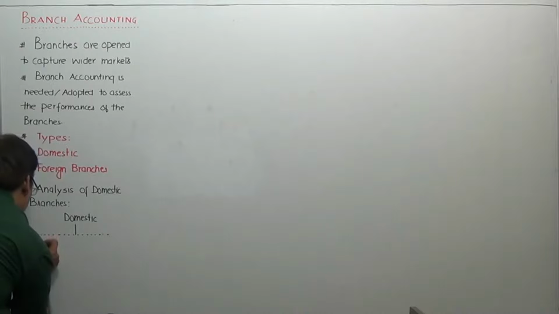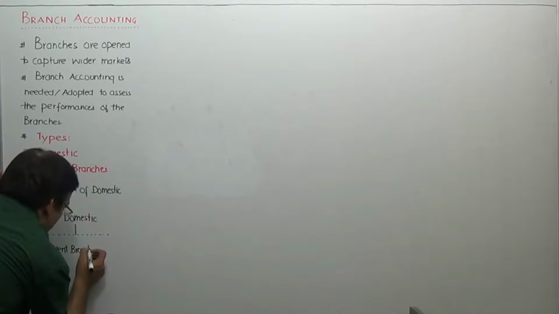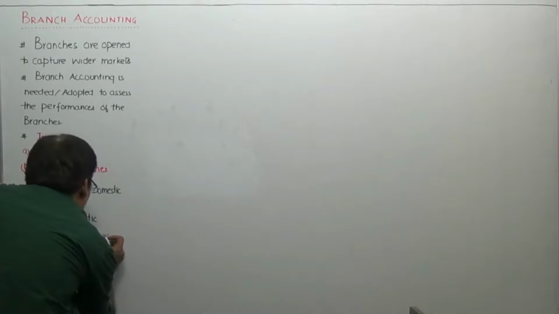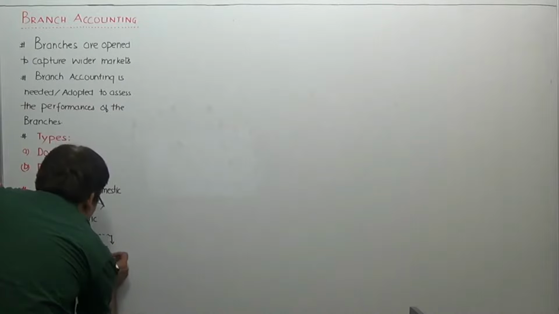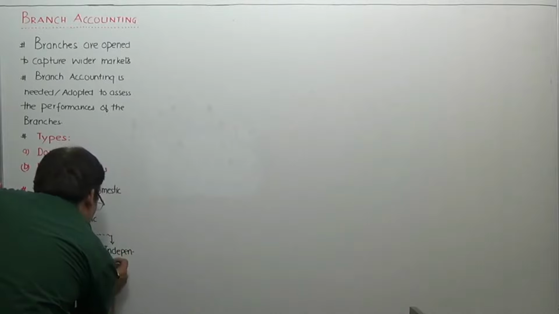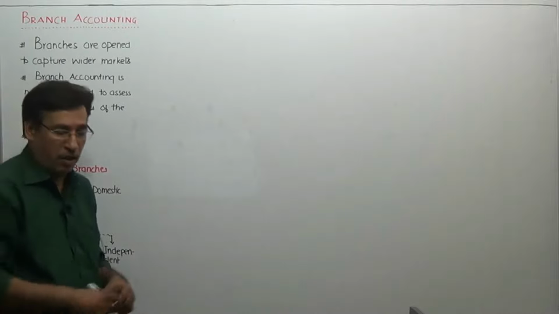One is dependent branches, and the other is independent branches. So domestic branches are further subdivided into dependent branches and independent branches.